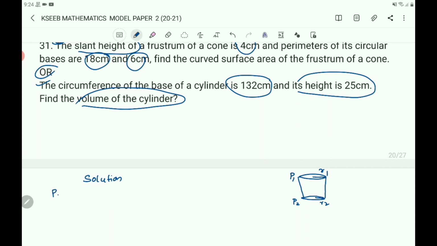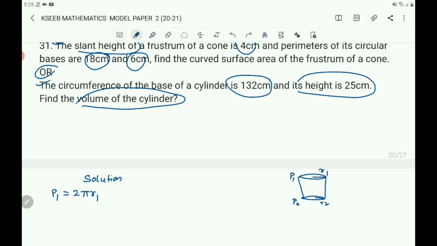So it is given P1, that is the perimeter of the one base, is 18 centimeter. That is P1 equals 2 pi R1. You know that the formula to find the perimeter of a circle is 2 pi R. So let us take R1 as the radius.